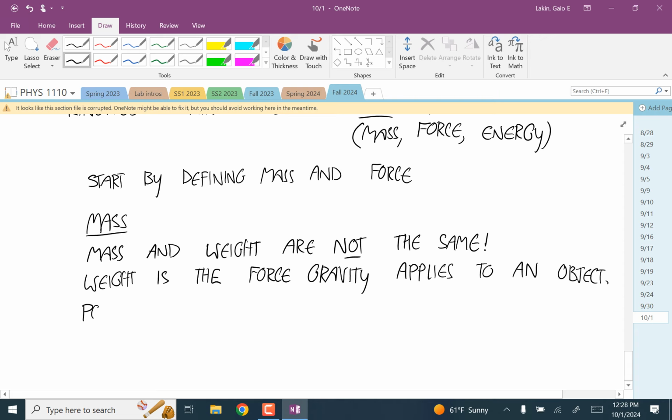And pounds are a unit for weight, not for mass. Okay.